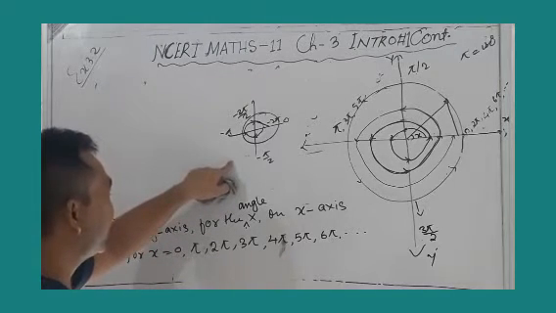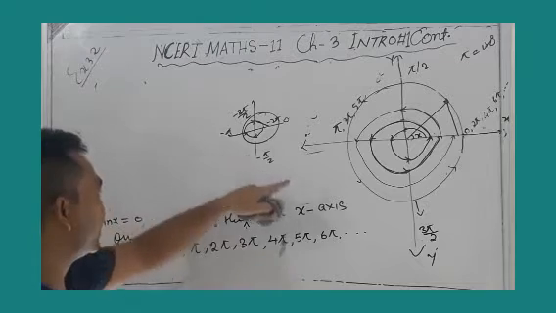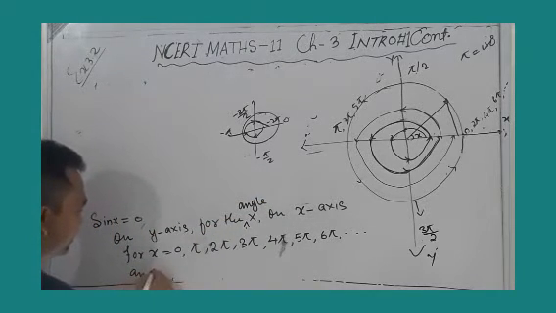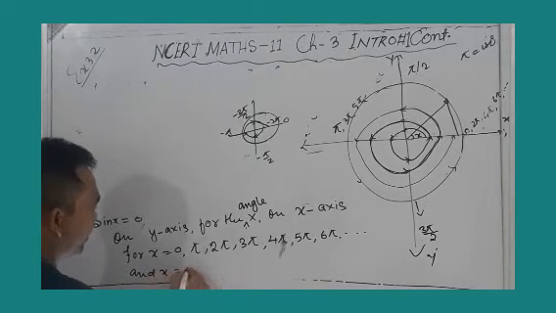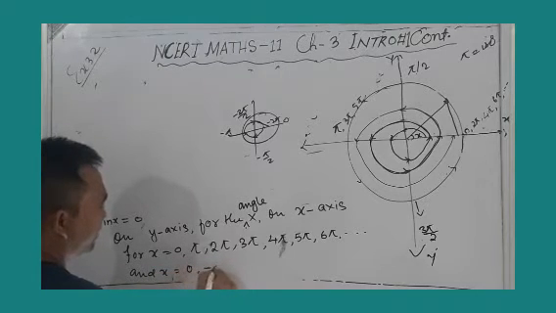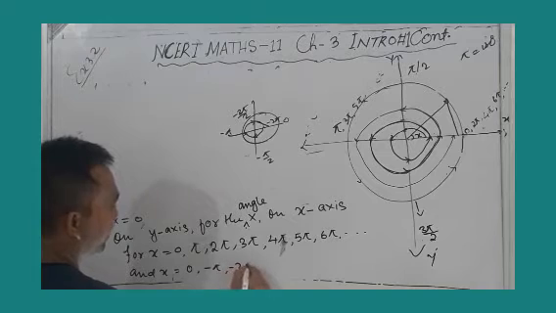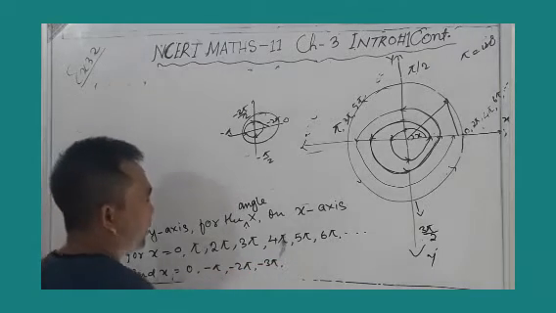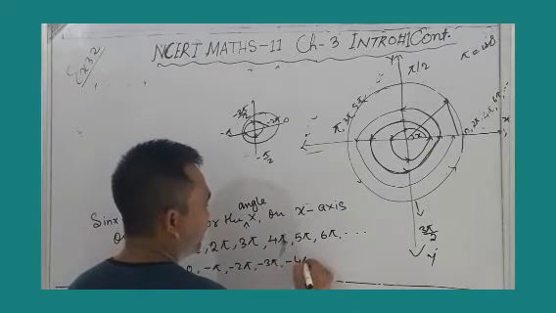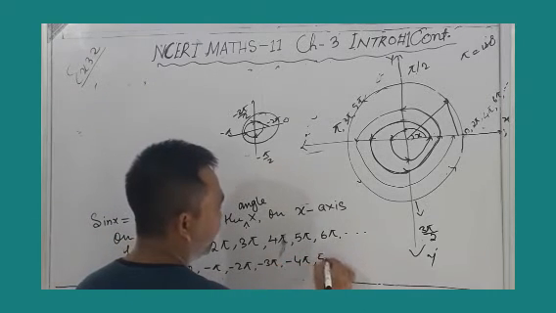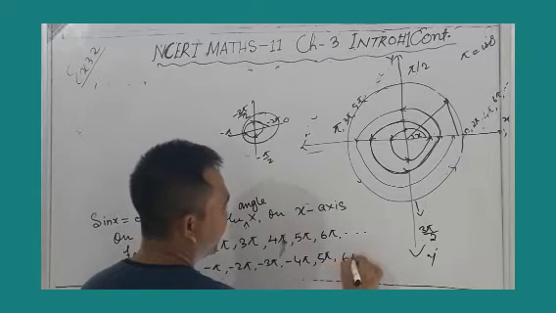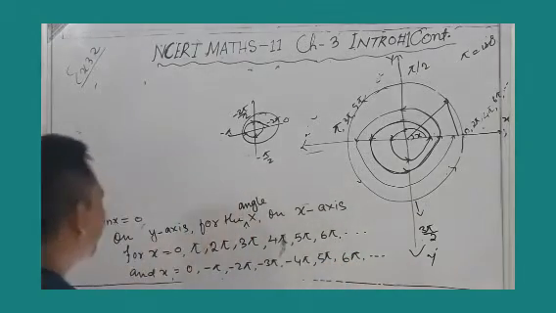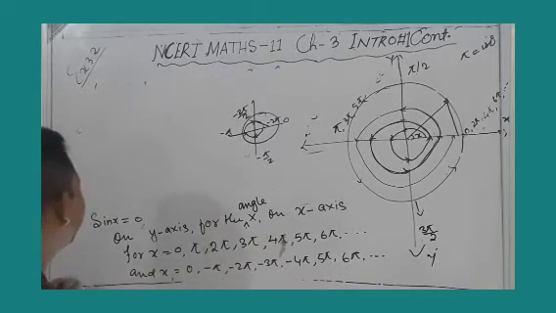In the same way, we will get x equal to 0, then minus pi, minus 2 pi, minus 3 pi, minus 4 pi, minus 5 pi, and then minus 6 pi. Ultimately, what can we write?